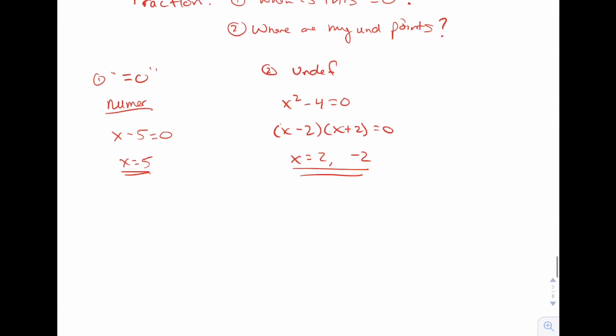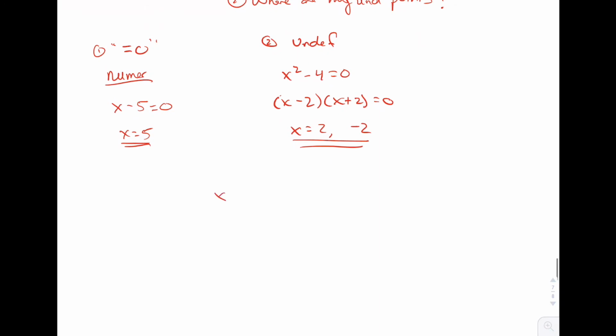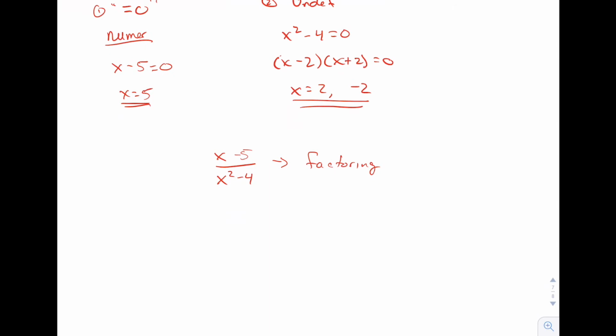But before I move on to my sign diagram, one thing that's important is taking that fraction and factoring it first. We've already done that by solving step 1 and step 2, just like in each of those steps before.